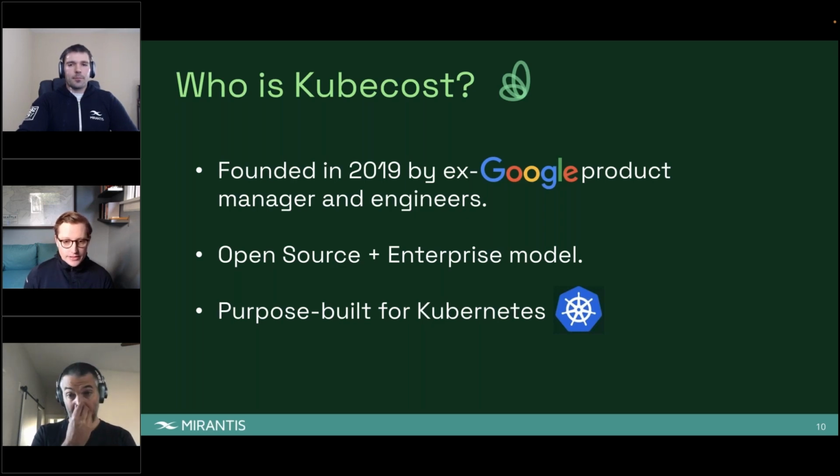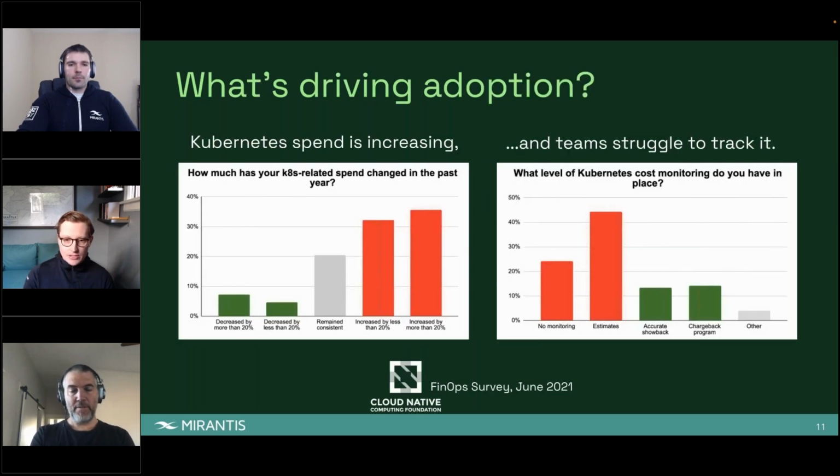So moving forward here, I'm going to talk about some survey results from the CNCF. And what I found really interesting about Edward's polling question is that those results were so similar to what the CNCF found as well in the FinOps survey.